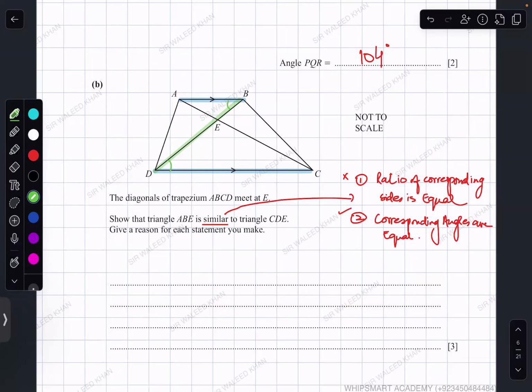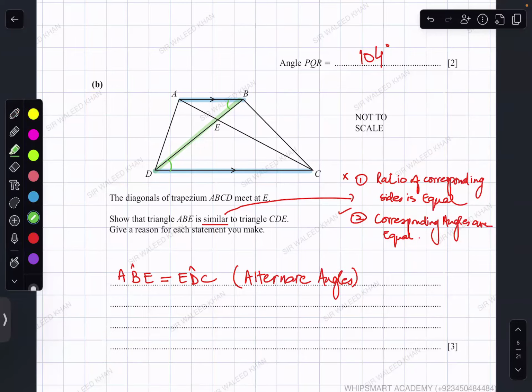And the reason I'm going to give, don't say Z angle, just say angle BAE is equal to EDC. Why? Alternate angles. Then we have another one.